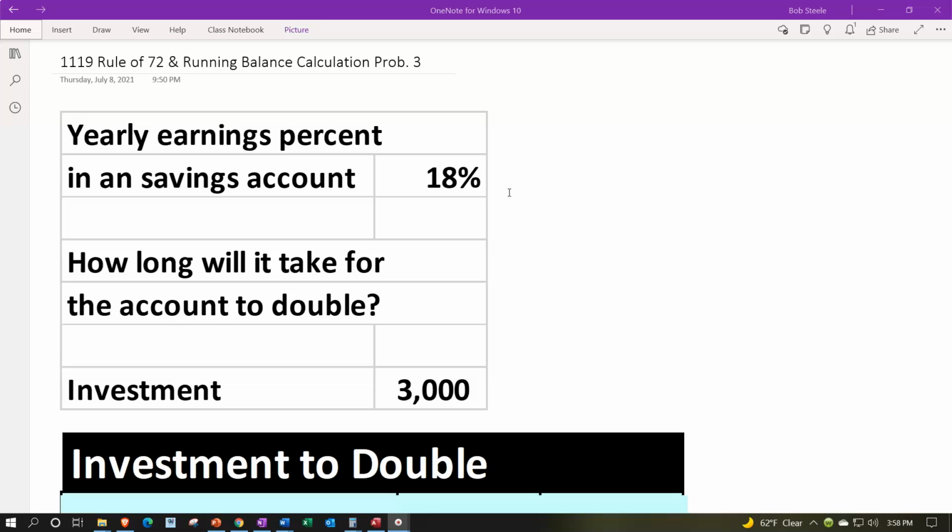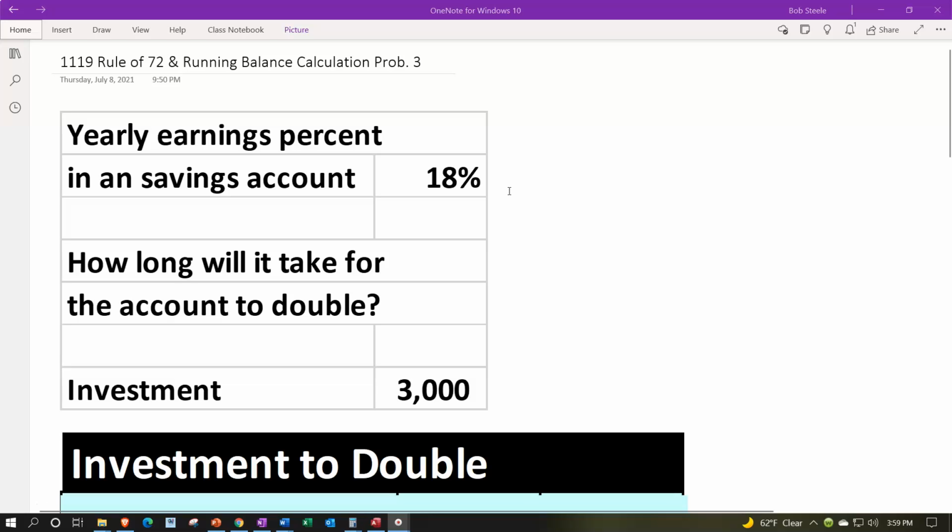Remember that any investment which we expect to be growing over time will have a similar scenario. So if we were investing in stocks or bonds, a savings account, a CD account, or in something like land or in our home, and we expect the value of it to be going up by an annual amount, this time we're going to be picking the 18%, we will have a similar scenario.